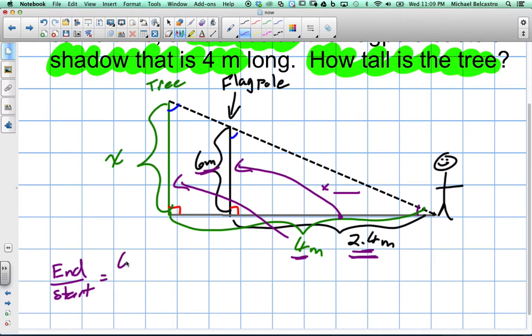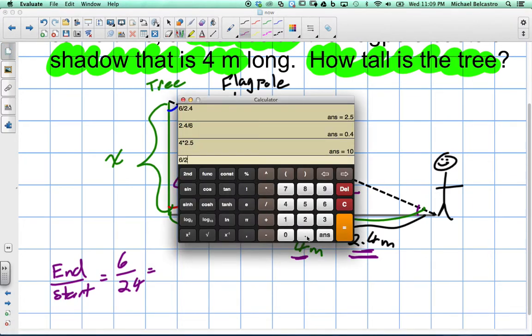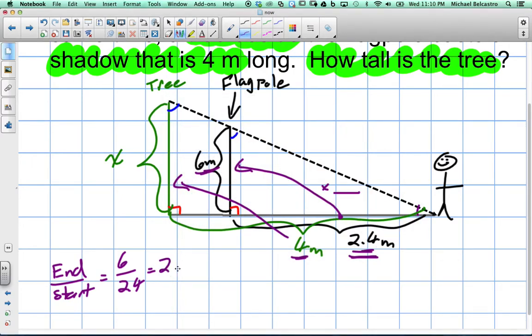So our ending is 6 and our start is 2.4. If we divide those with calculators, 6 divided by 2.4 is 2.5. That means we need to multiply by 2.5. So we should be able to take our 4 and multiply by 2.5 to take us to the height of our tree.